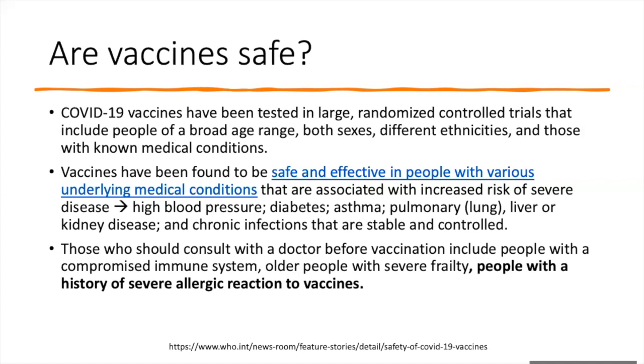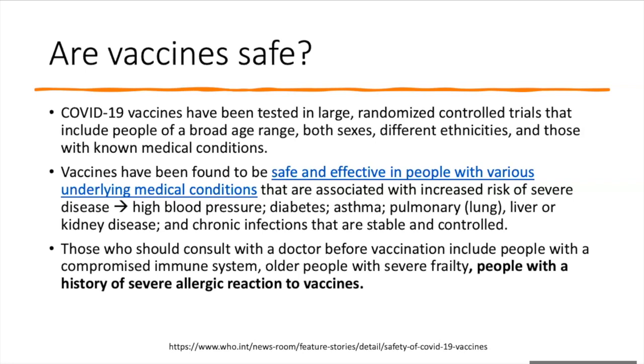So the only people who should consult, or who I would say let's be cautious with for now, are people who have a very compromised immune system. So for example, people who are quite severely ill and are taking chemotherapy, maybe people with a very immunocompromised HIV status who are really very ill.